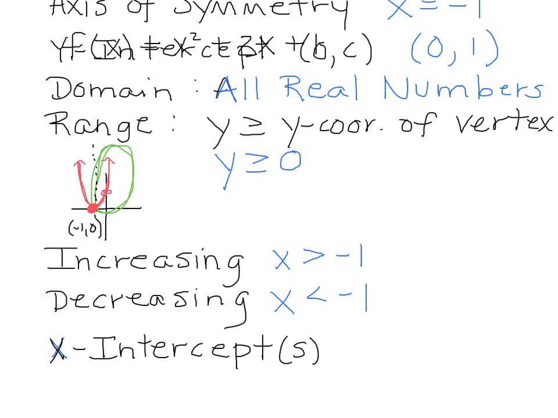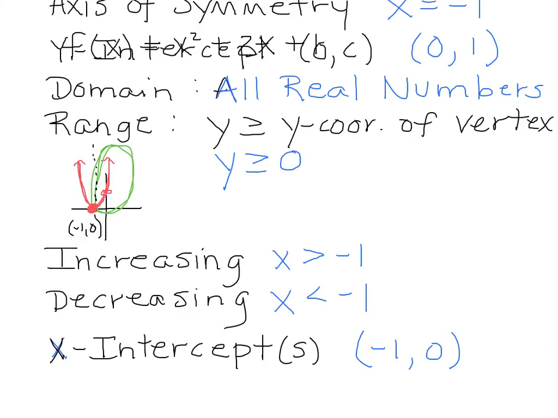And that's because this is a somewhat unusual problem because of the nature of the algebra, but the x-intercept, just the one, would be the same thing as our vertex, negative 1, 0. So when that turning around point is on the x-axis, we only have one x-intercept. But we could typically have 2, or it is possible to have none. But in this problem, our x-intercept is negative 1, 0.